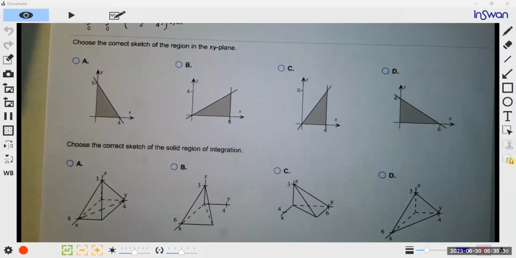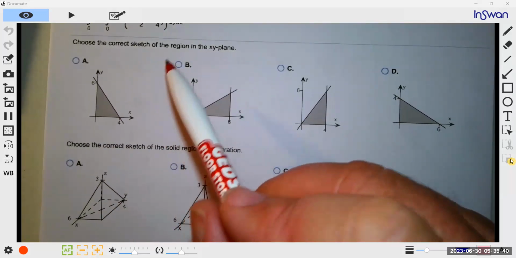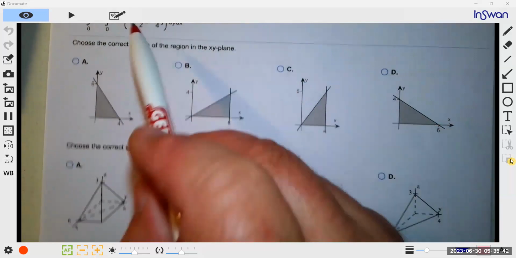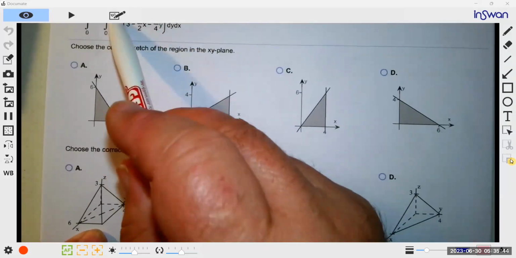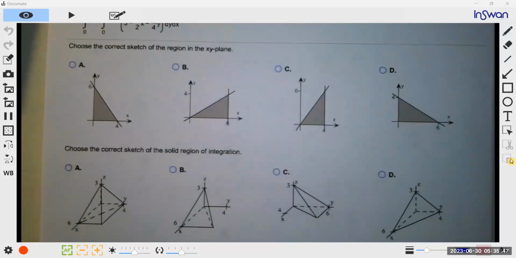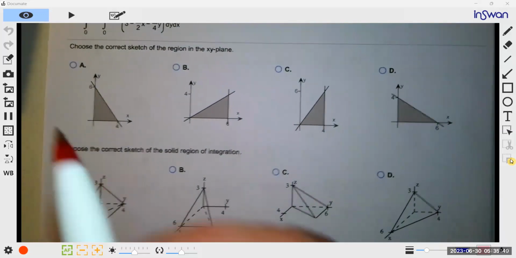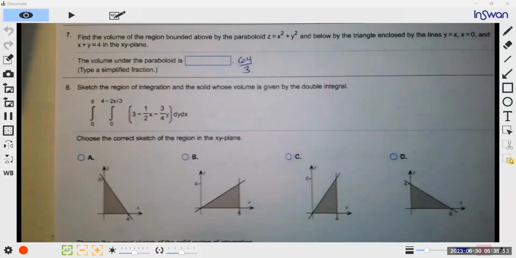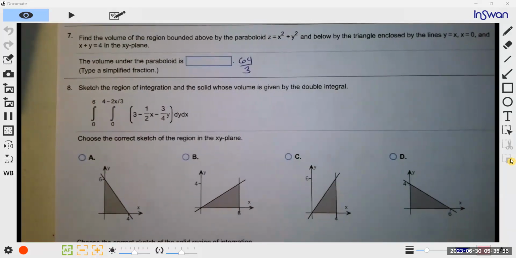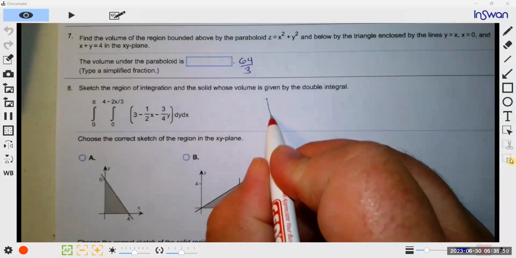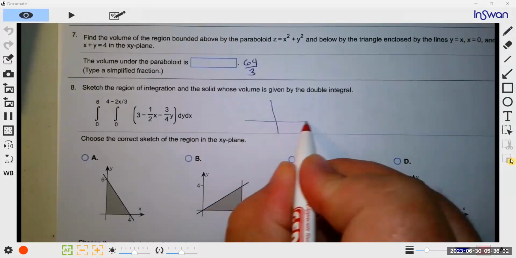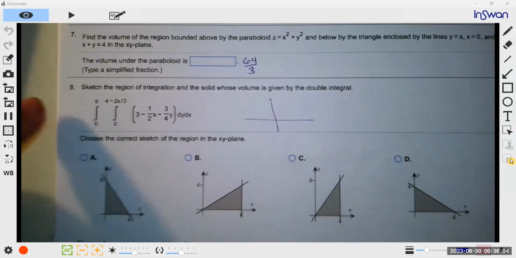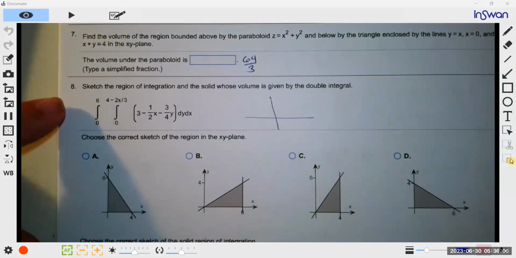And now the last one. Sketch the region of integration of the solid. This is not relevant to us. We just want to know the bounds of integration. So we have dy dx.